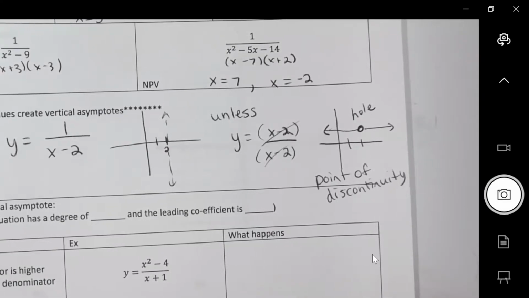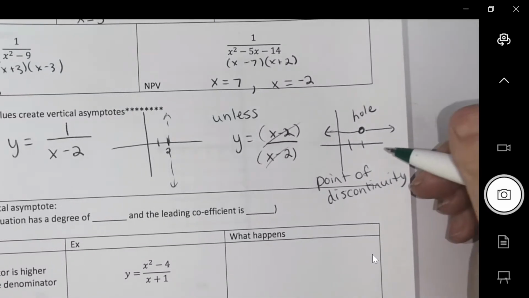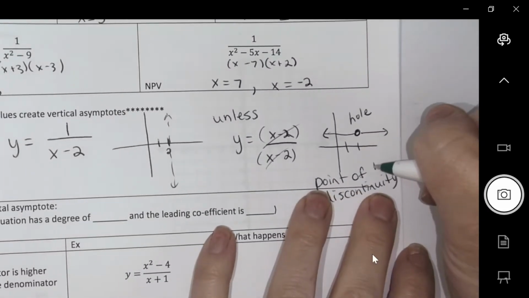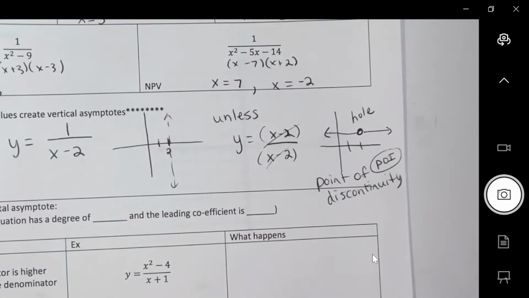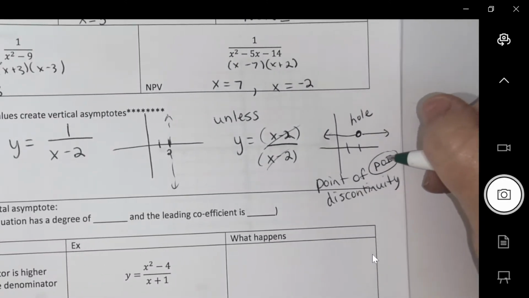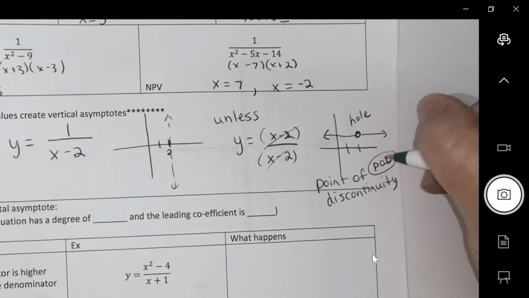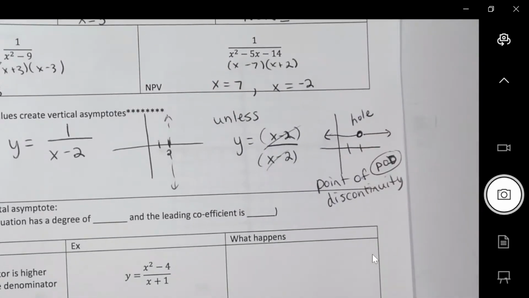So when I write it, you might see me write POI, and that's what I'm talking about. POI is the point of, oh, why did I write I? POD, I guess. POD. Okay.